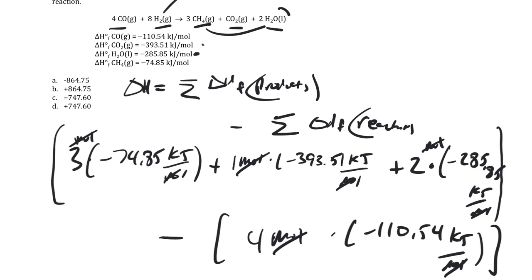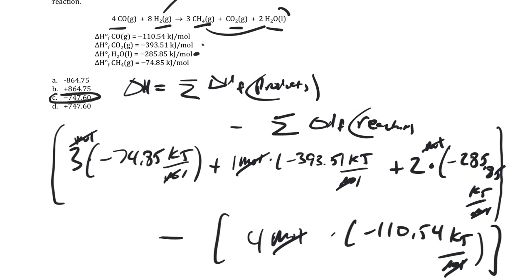Let's see. Let's just do it again. So 3 times negative 74.85 plus negative 393.51 plus 2 times negative 285.85 and then minus 4 times negative 110.54. I get minus 747.6.